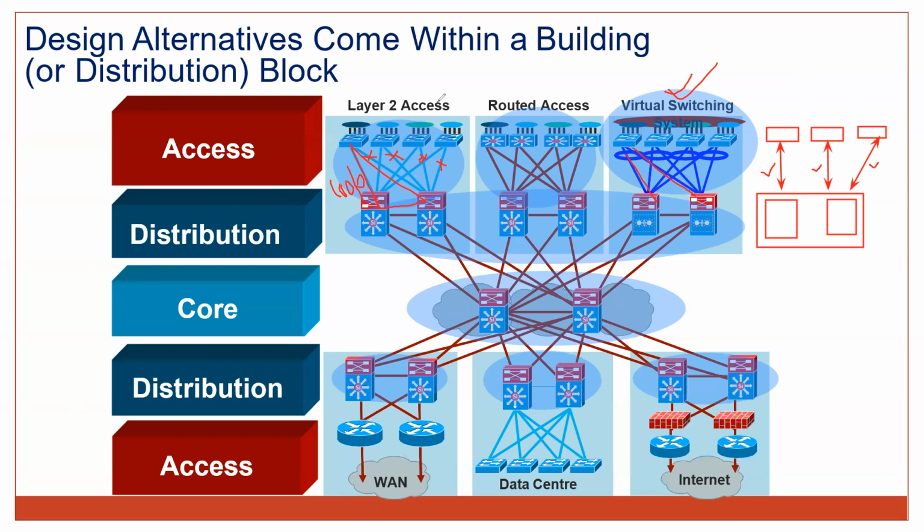So it's like how the design got evolved. From here it evolved to this, and now if you see the new design, even we are preferring this routed access, because in that case you have ECMP. Here, in this particular design, when you have the EtherChannel between the links, it depends upon the load balancing method you are using.